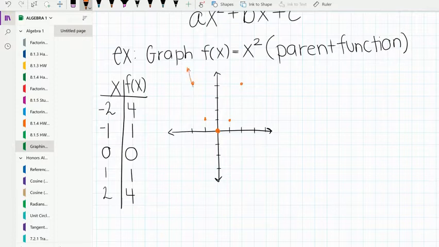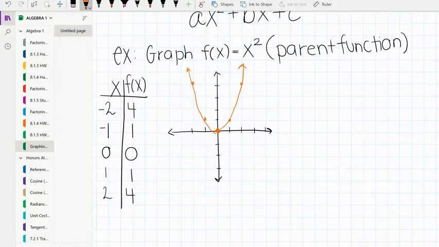I know a lot of you should recognize this graph, and like I said, it's a parabola, or we can call it a quadratic. Now we're going to answer just a couple questions. We can notice that it's a U-shaped graph, and it's also a function because it passes the vertical line test. Each input has exactly one output.